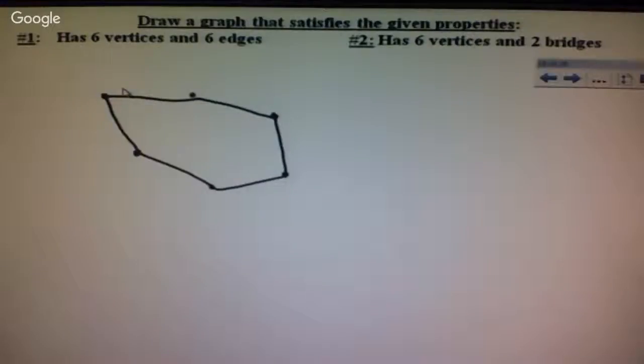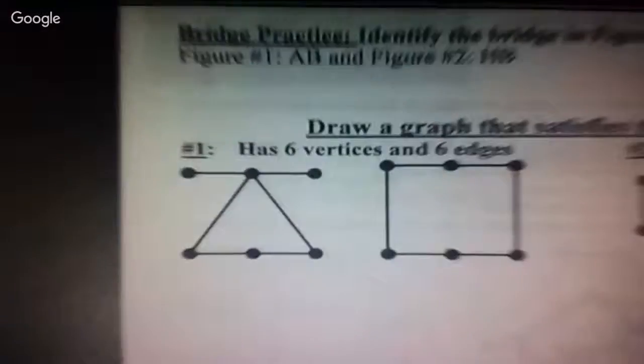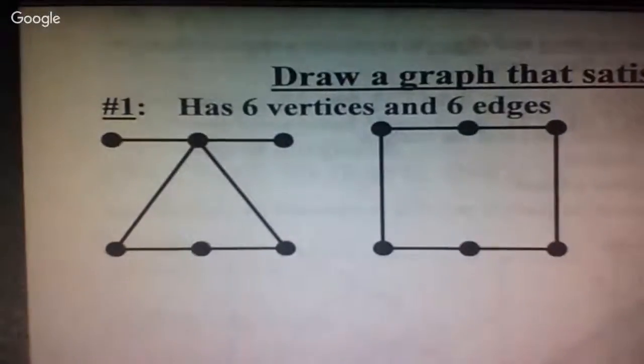Take a look at what I had on my paper, and then Isabel's going to come up and do the second one. Both of these would work for number 1 as well. It doesn't matter what it looks like as long as you have everything that they're asking. So you need to have 6 dots and 6 lines that connect them.